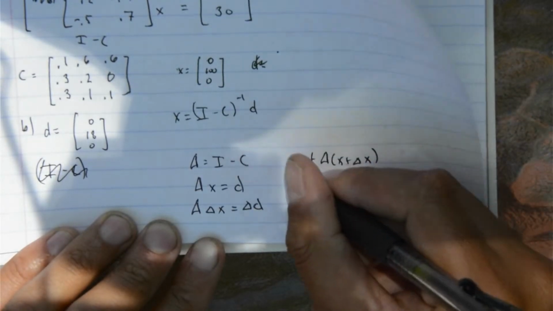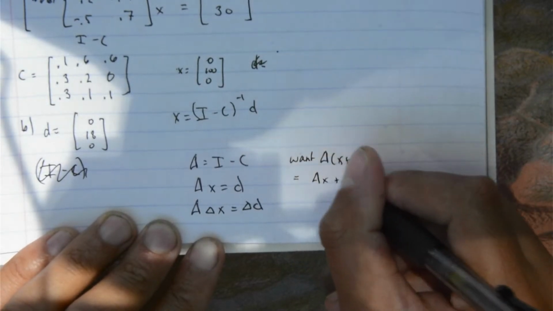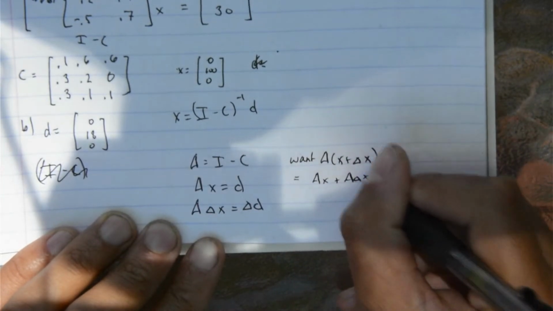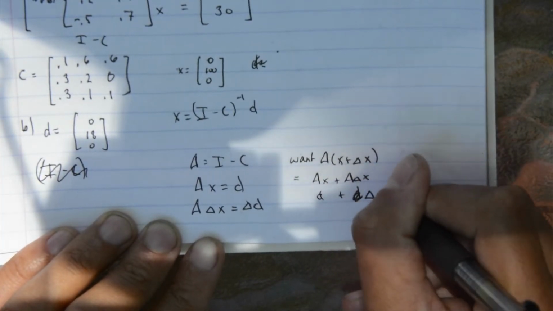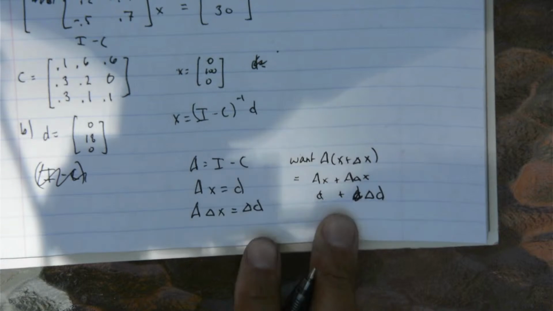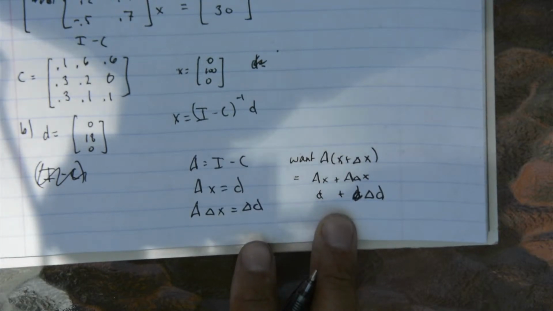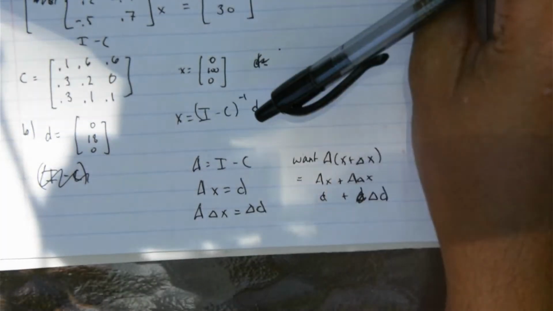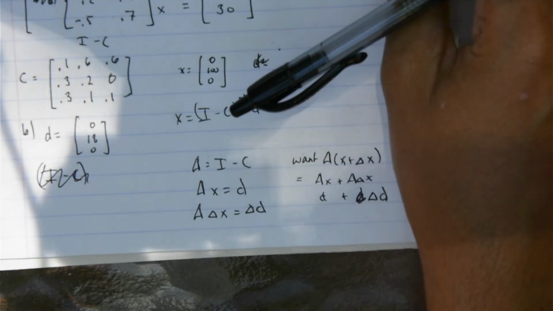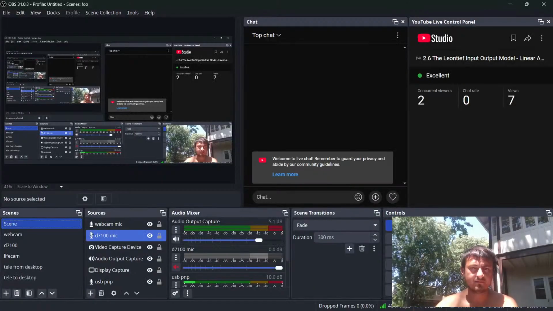This is going to be equal to, by linearity, A x plus A delta x, which is equal to D plus delta D. So this is just a direct application of linearity. They just want to reinforce that you're able to recognize when that shows up.